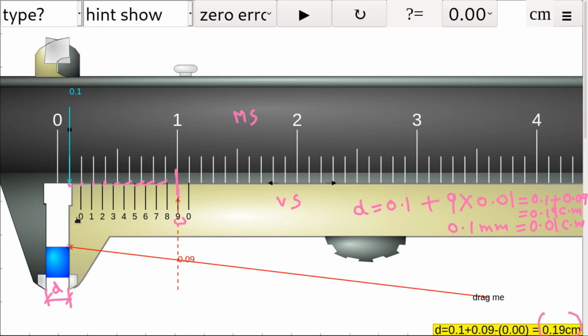So if you add 0.1 nine times, it becomes 0.9 mm or 0.09 centimeter, and up to 1 mm we can measure through the main scale. So this is the example of how we can measure the dimension of any part.